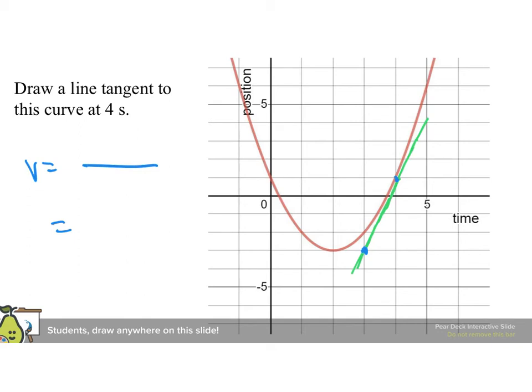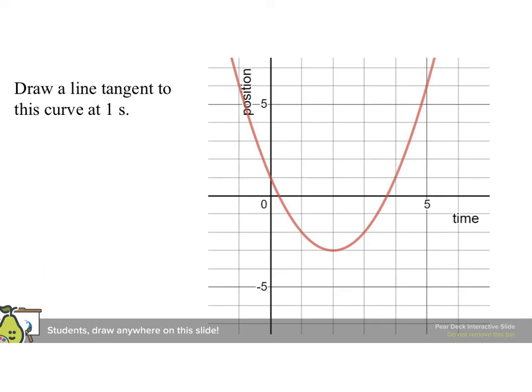We started at 3 seconds and minus 3 meters, and we ended at 4 seconds, and we ended at 1 meter. 1 meter minus minus 3 meters is 4 meters. 4 seconds minus 3 seconds is 1 second. So we get an approximate speed of 4 meters per second at 4 seconds.